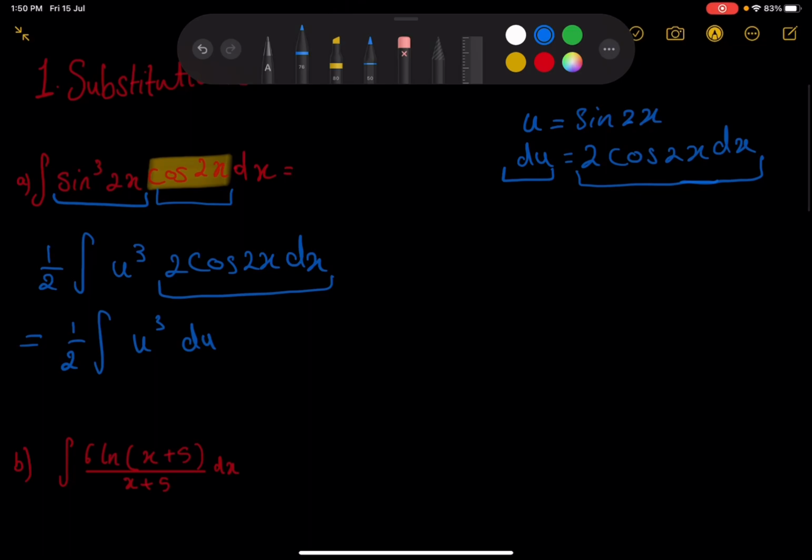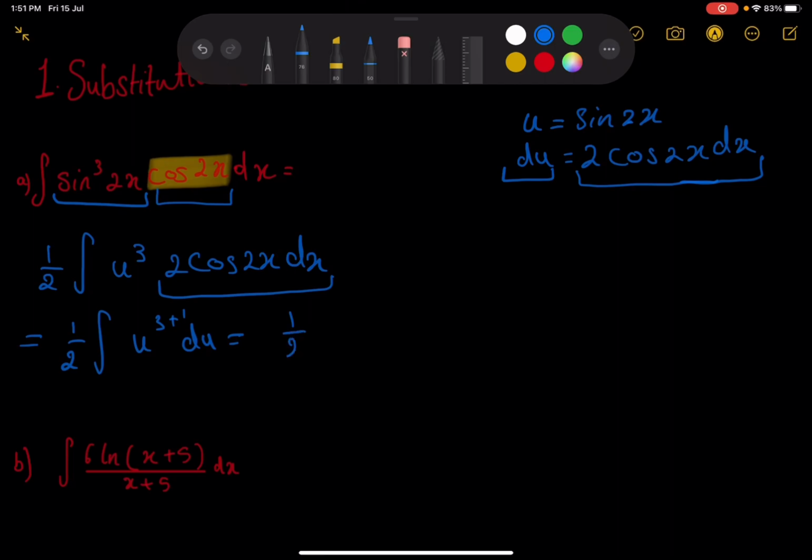It's very important to change the dx to du, because now you're integrating with respect to the variable u. The integration of any variable raised to a power is adding 1 to the power and then dividing by the new power.